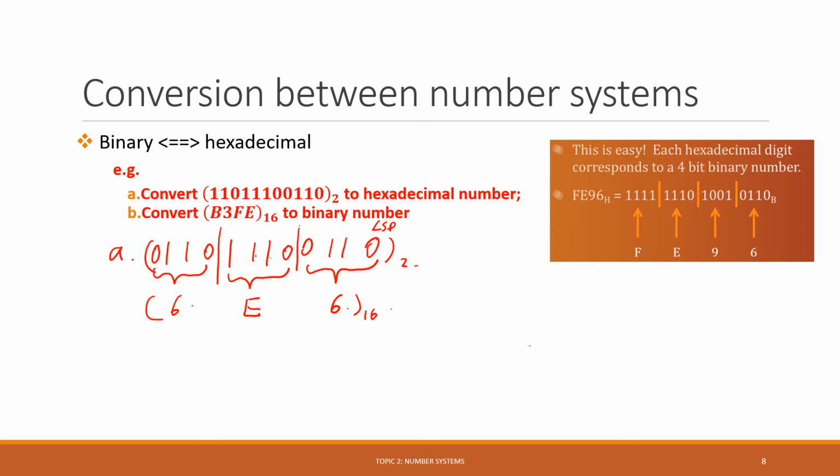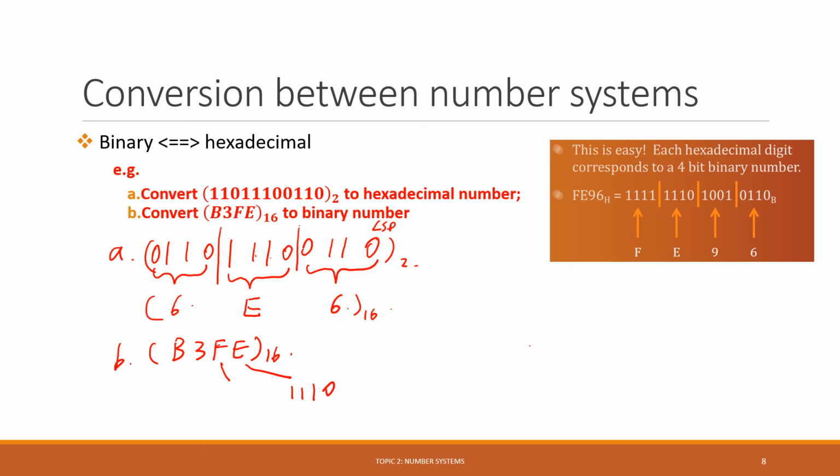Okay, and from hex to binary, similar thing, but just do the opposite way. This time we represent the hex number, so let's directly use this one. Each hexadecimal digit will be converted to a 4-bit binary number. So E, we will get 1110.